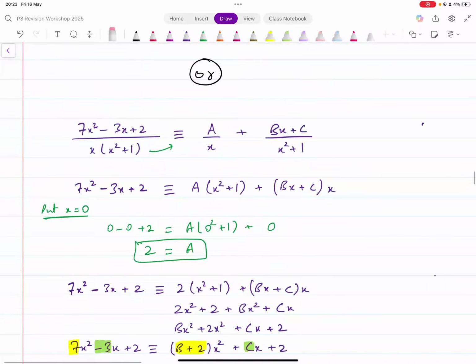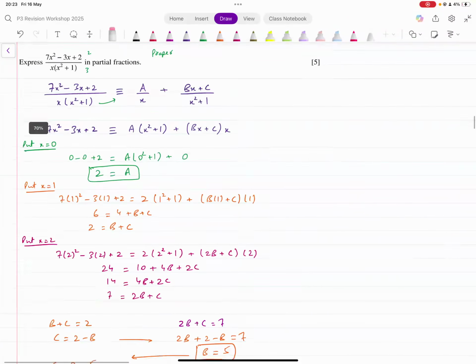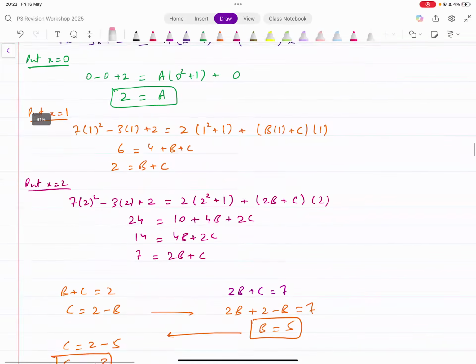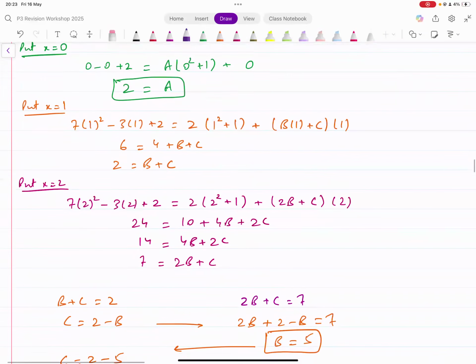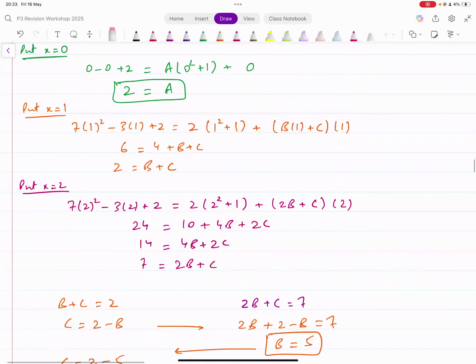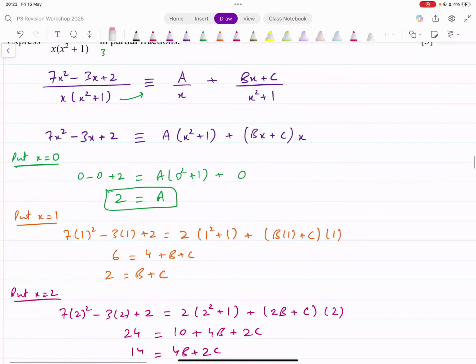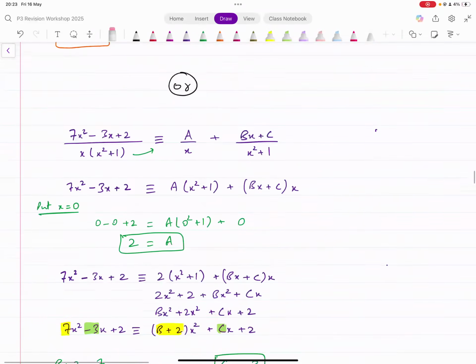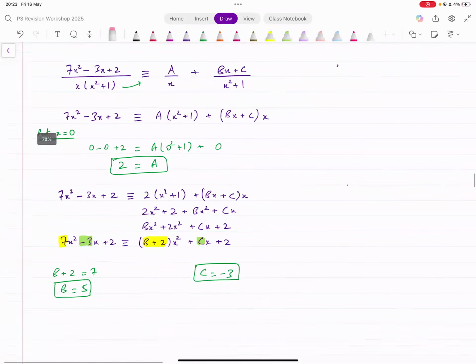This is the general method that you use in every single case, inputting values of x like this. In some rare case, it doesn't happen very often, very rare, you end up having to solve simultaneous equations because you cannot eliminate the variables. In that case, you stop at this point, and from this point onward, you do comparison instead, and that will make it a bit more efficient like this.